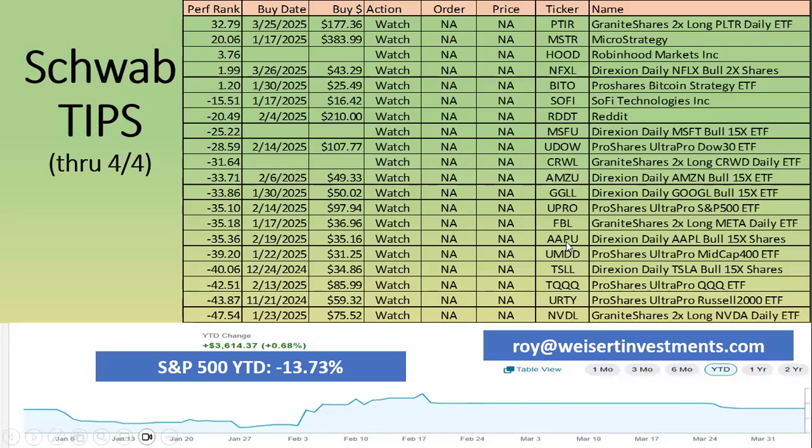So as the markets go up, if the underlying stock went up 1% or 5%, these would move 10%. And that's how that works. But you can see here, this is from the beginning of this year through last Friday, the 4th of April, the S&P was down 13.73 and we were pretty much flat.